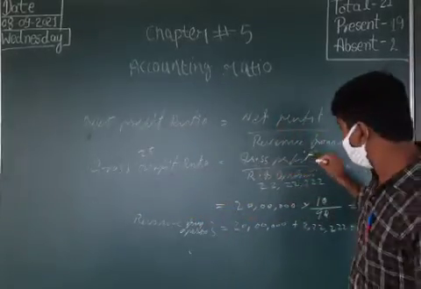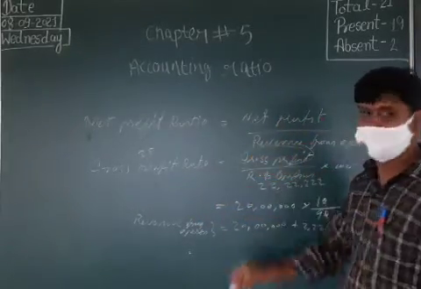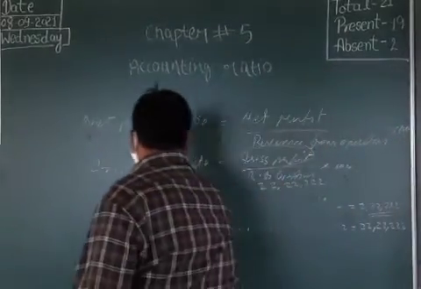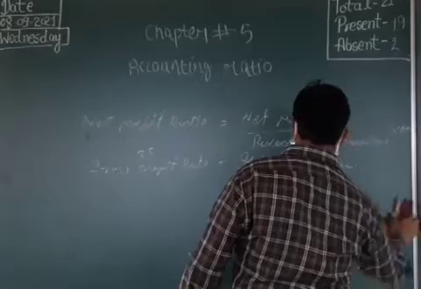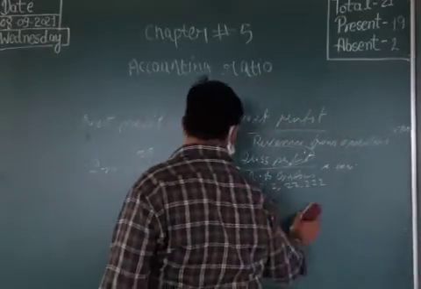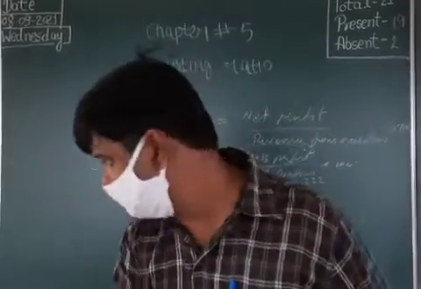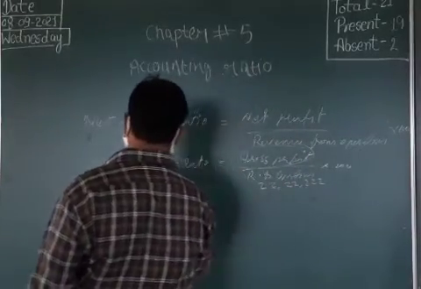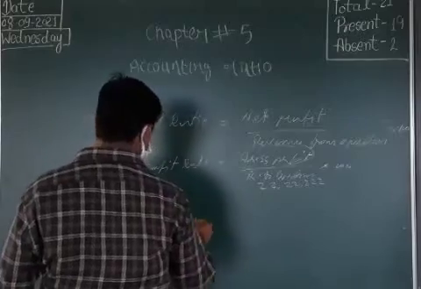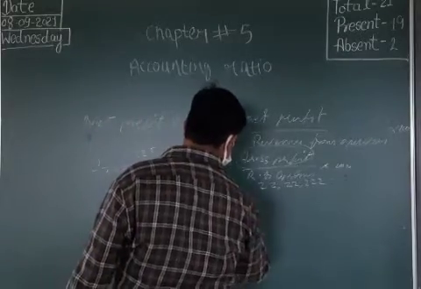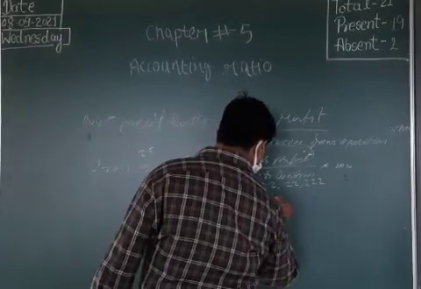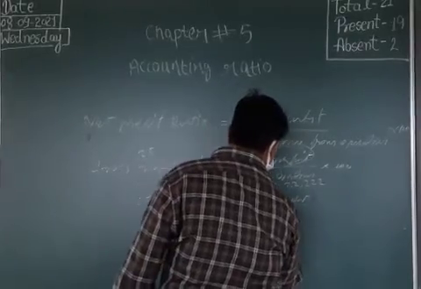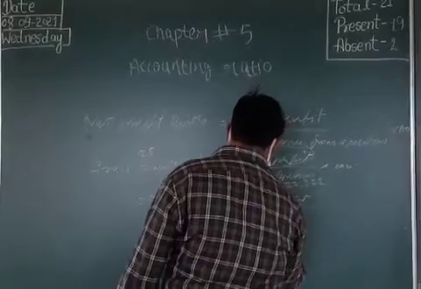Here one figure is not there, so what will we do? In the same way, we can write that 25 is equal to gross profit upon this figure.